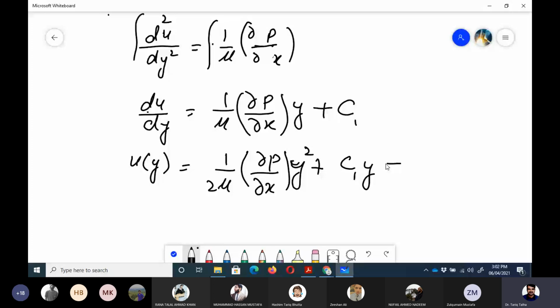Now we have integrated for the second time, so there is another constant, C2, which comes due to the second indefinite integration.